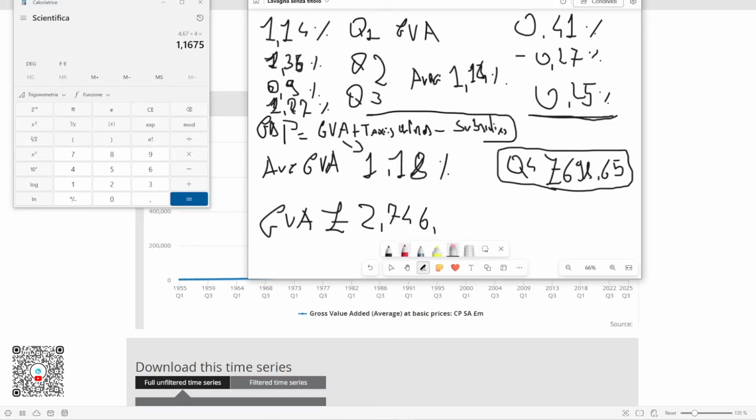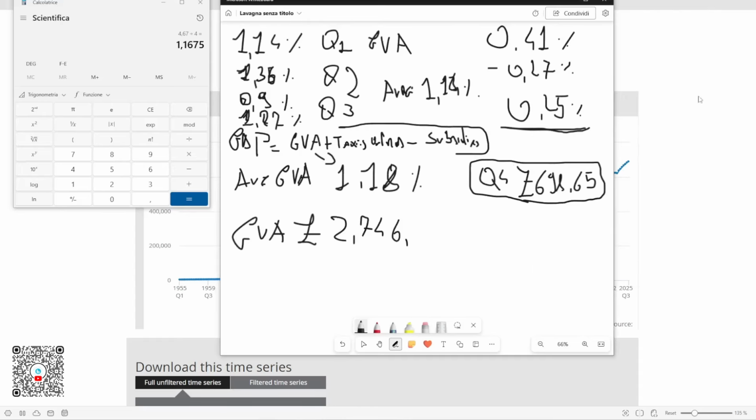Now we don't have the Q4 taxes less subsidies product data, but we can try to do the same and figure out how we can add back the data that we need.